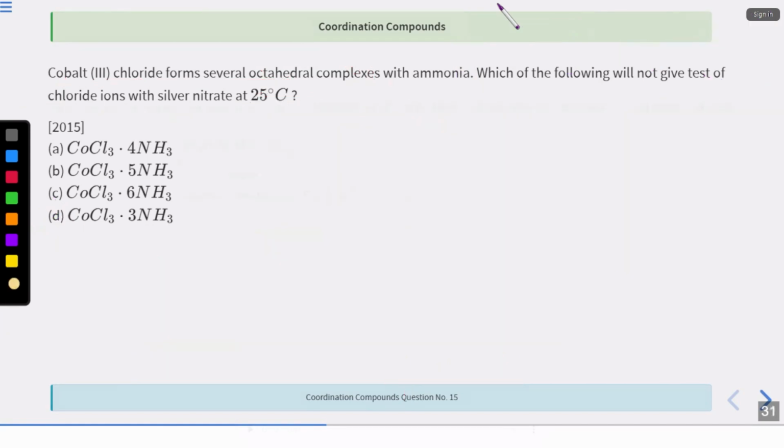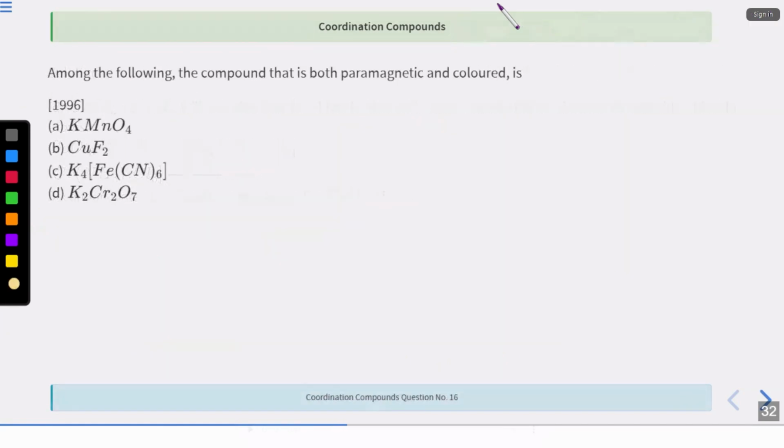So moving ahead, question number 16. Among the following, the compound which is both paramagnetic and colored is what? Basically, we have two kinds of compound.